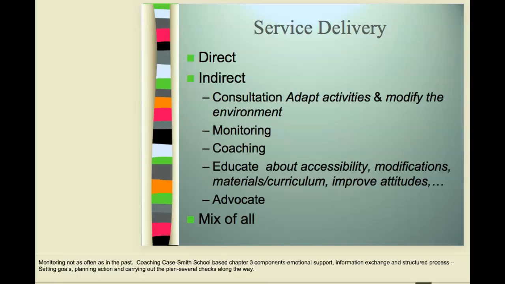And then you have some sort of structured process where you set goals and set up some interventions, and then set up a time maybe to go over and review if those interventions have been successful, easy for me to say. And then you educate them about all sorts of things, the accessibility in the environment.